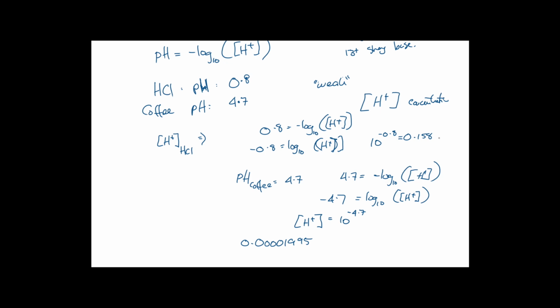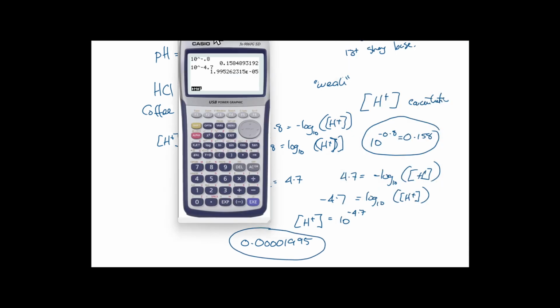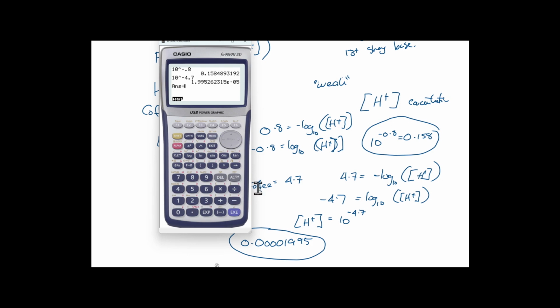Well, there's a big difference between this number here and this number here. Let's actually work it out. Let's divide that by 10 to the power of negative 0.8, then take the inverse.